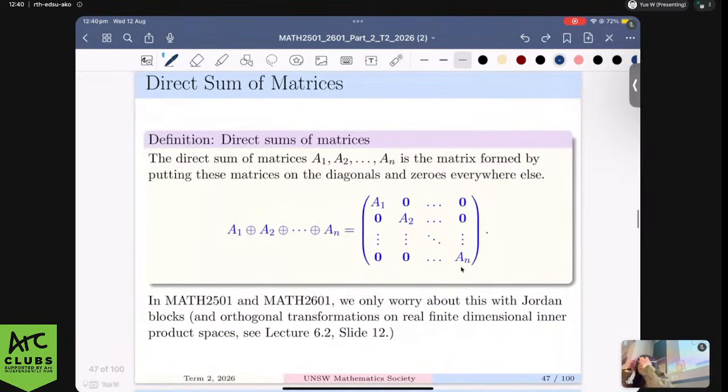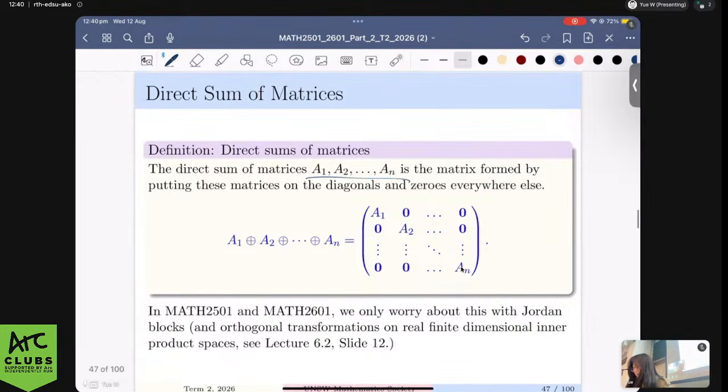Okay, so now moving on to the direct sums of matrices. If we have some direct sum of matrices A1 all the way to AN, we can say this is the matrix formed by putting these matrices on the diagonal and zeros everywhere else, right? So it would look something like this.